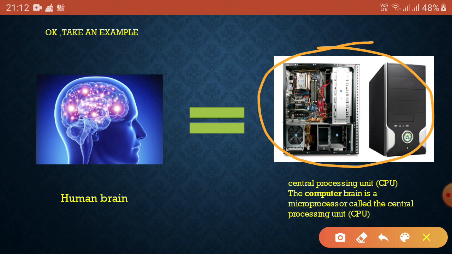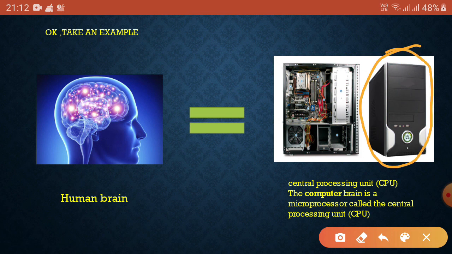Basically, this part is known as the cabinet, the CPU cabinet. It is a box, and inside this box, the CPU, that means Central Processing Unit, is located. So the CPU is the brain of the computer. Got it?